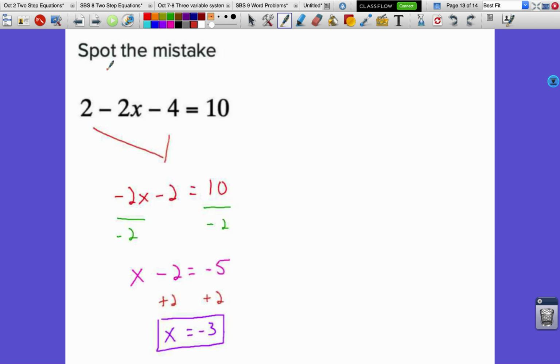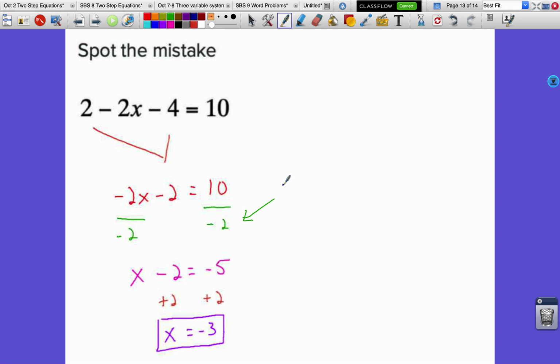And last one, where is the mistake here? All right, the mistake is right here. When we divided these two terms by negative 2, we're going out of order because we should have moved the constant first. But what makes this a mistake is that this in itself is not sufficient to get the wrong answer, but if you're going to divide, you have to divide every single term by negative 2.